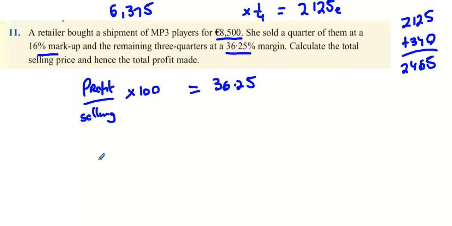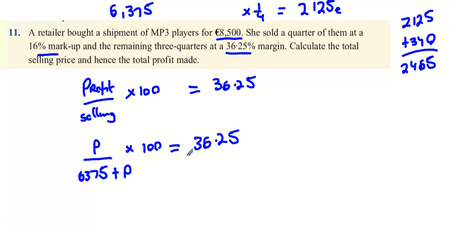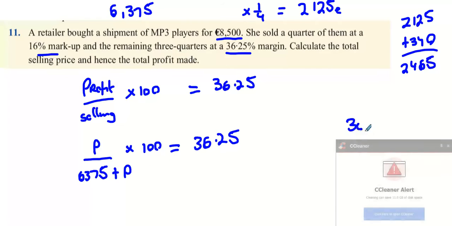Your profit is P. Your selling price is your 6,375, which is 3/4 of the amount, plus your profit. That equals 36.25. Oh, sorry, multiplied by 100 as well. Multiplication of 100 on the left is division of 100 on the right.